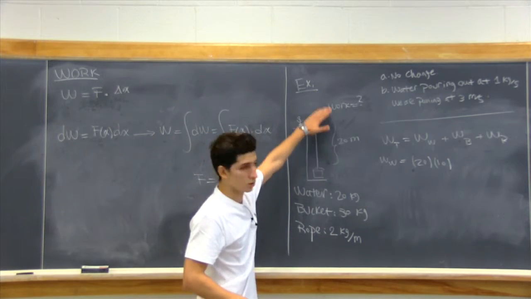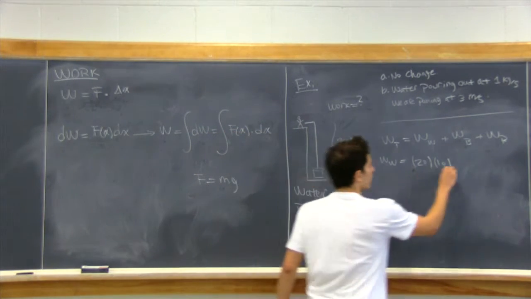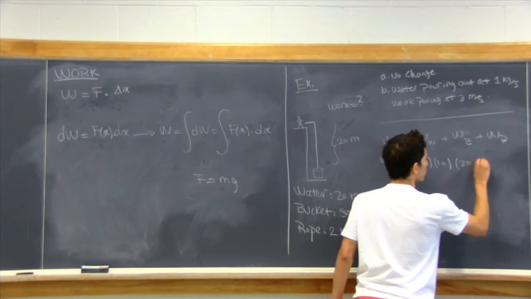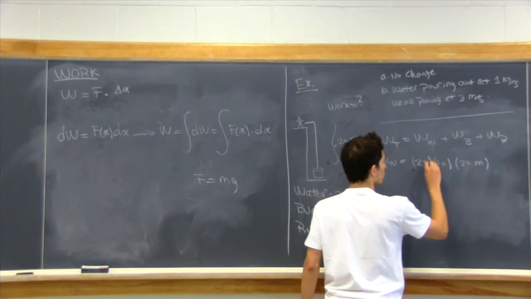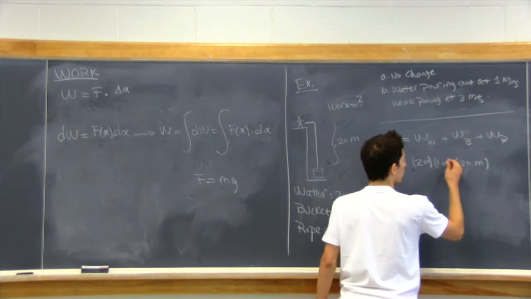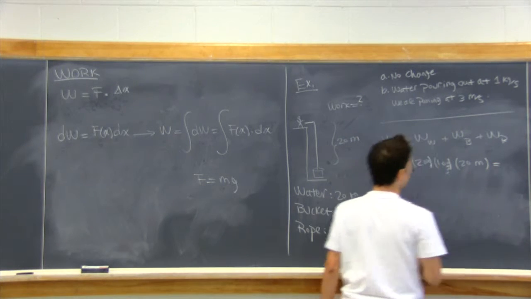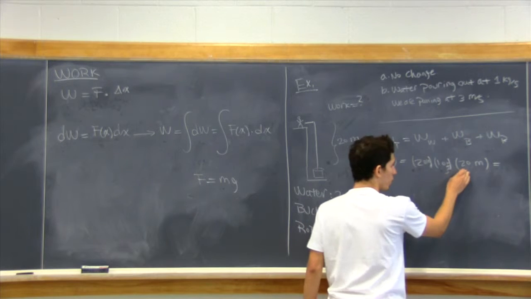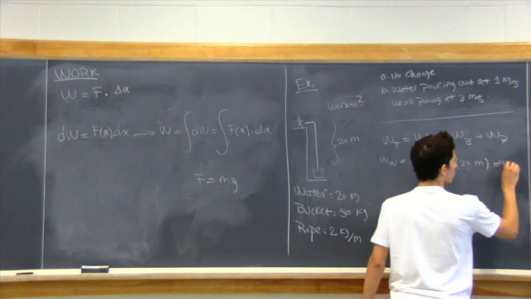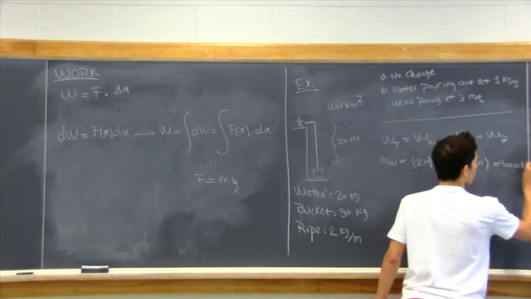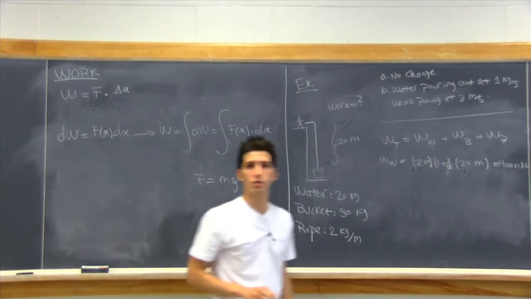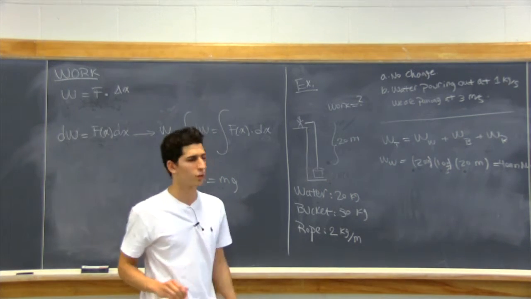It's the 20 meters, right? I'm going to put my units here as well. So at the end, we're going to have 20 times 10 times 20, or 4,000 Newton meters. That's one of the units of work.